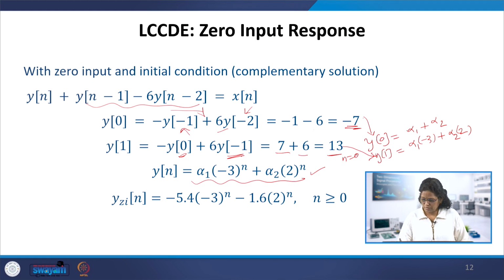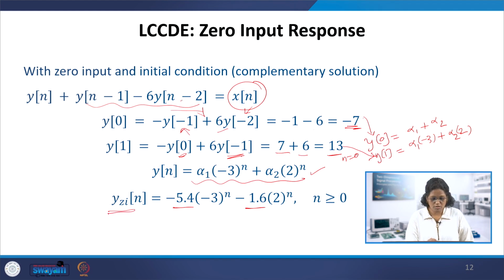Solving these equations for alpha 1 and alpha 2 results in alpha 1 as minus 5.4 and alpha 2 as minus 1.6. So, this is the zero input response where we have not considered x of n at all. It is going to be 0, the step input is not considered here. So, this is the zero input response.